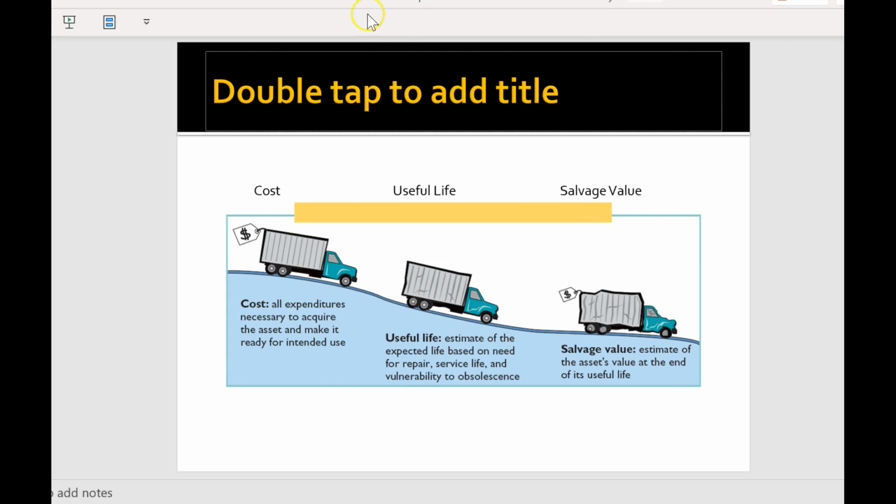So there is a time period between these two, let's say 5 years, from the new truck to the end of its life. There is a time span between these two stages.